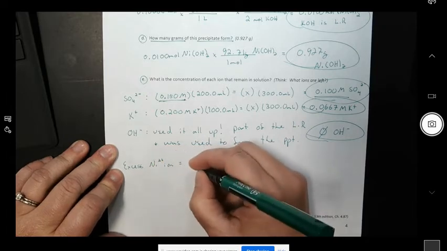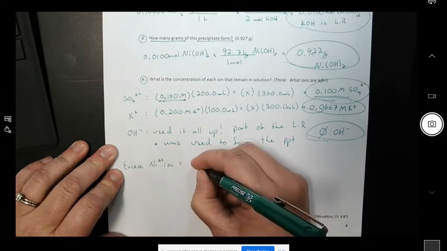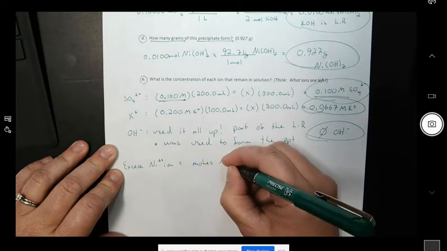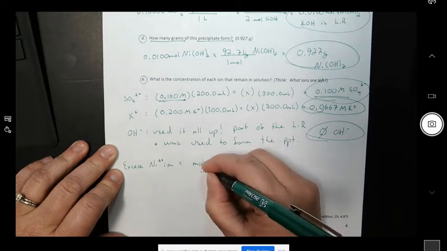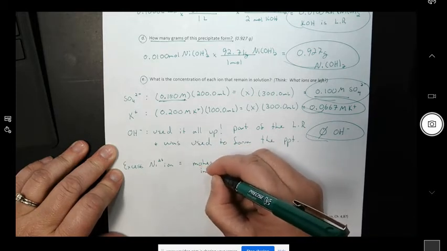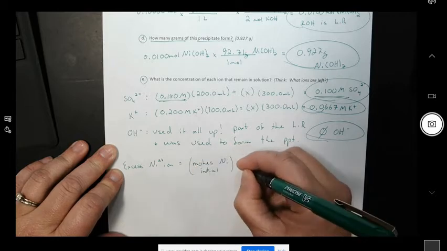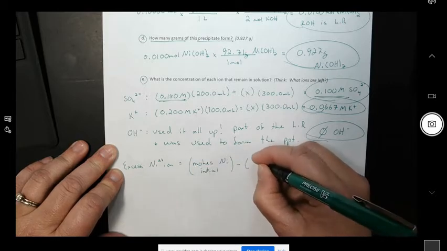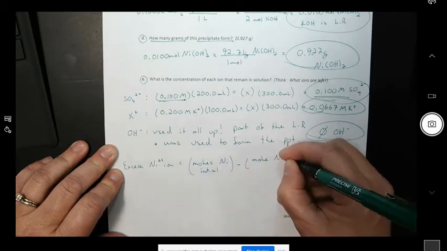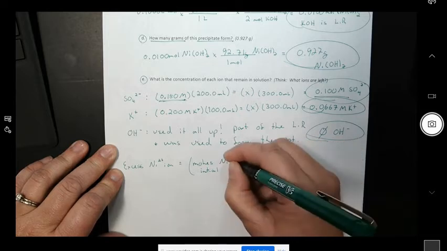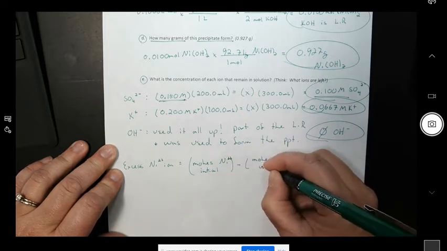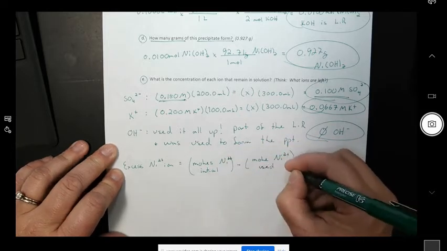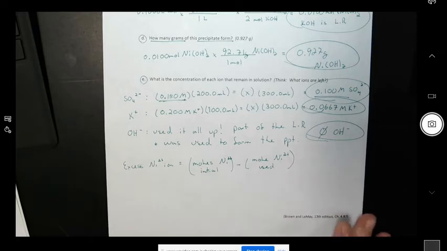we need to figure out how many moles we started with. I'm going to say moles initial, and subtract moles of nickel ion, Ni2+, used. There's a couple different places we can get these numbers.